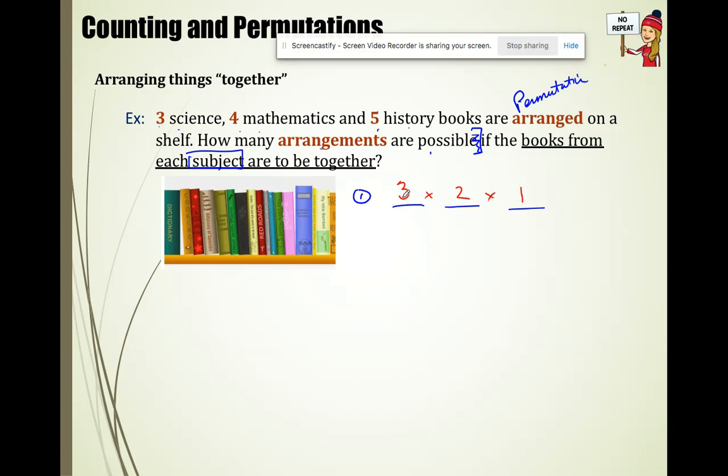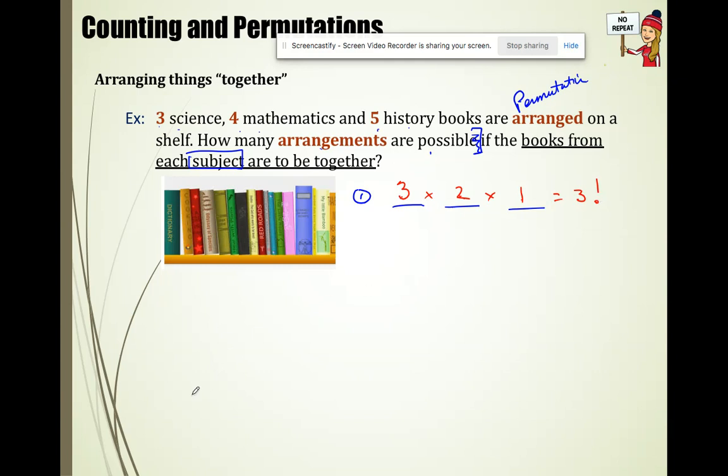I can put all the math books here, science books here, history books here. If I choose the science books here, I can't put them there. So there is the arrangements of the topics.